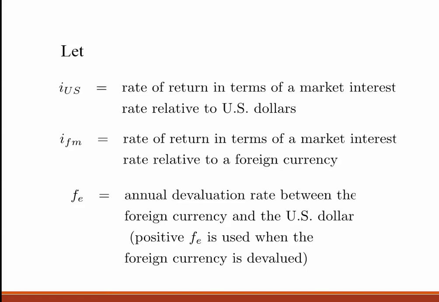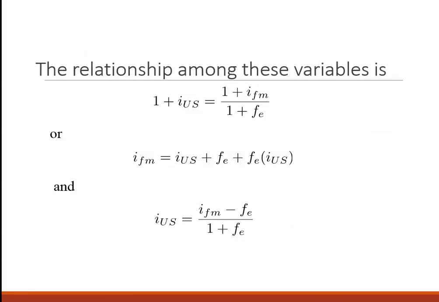We're going to use a positive number when the foreign currency is devalued, and a negative number when the foreign currency is gaining against the US dollar. So these are the variables. The relationship among these variables is the following. Look at these. They look very much like inflation. They're not, it works in a different way. However, we can calculate these changes in a similar way.